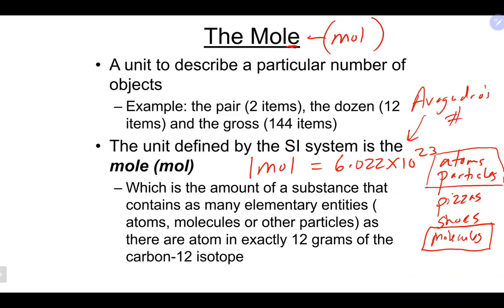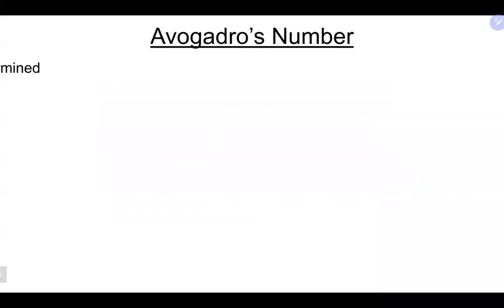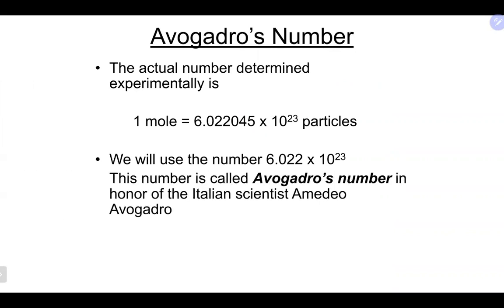We really do use Avogadro's number as a conversion factor to convert between certain units. Those units are between moles and atoms, or molecules, is typically what we use it for. So whenever you have units of moles and you want to go to either atoms or molecules, or even backwards, if you start with atoms or molecules and want to go back to moles, you use Avogadro's number as a conversion factor.